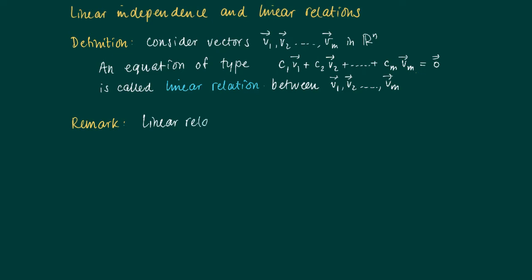Well, linear relations always exist, at least one.